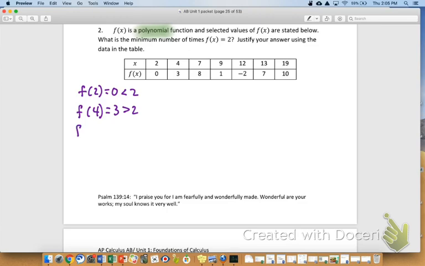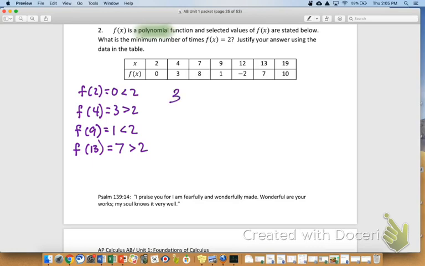And then I keep going, and I say, all right, f of 7 is still bigger than 2, but look at that, f of 9 is 1, and that's less than 2. Because now I've dropped below 2, because of continuity, didn't I have to hit 2 again? And then one more time, f of 13 would be the first point we could use. f of 13 equals 7, which is back to being bigger than 2. I pulled that data right out of the table, and there's my third time.